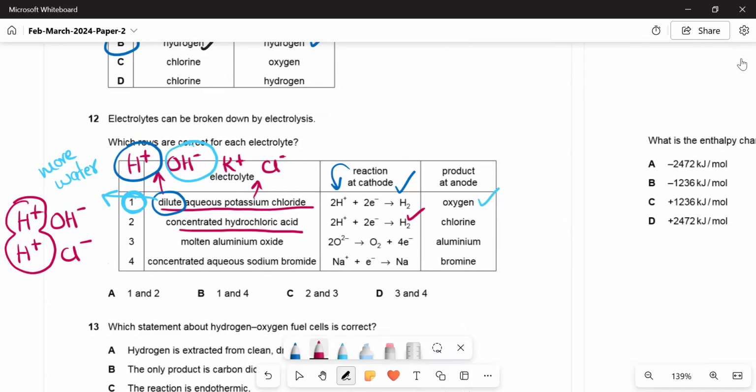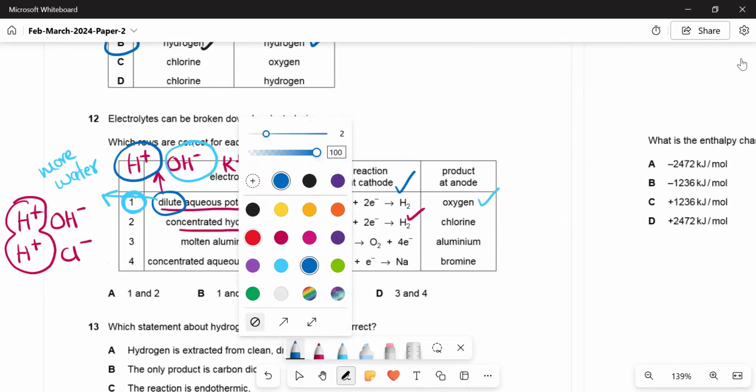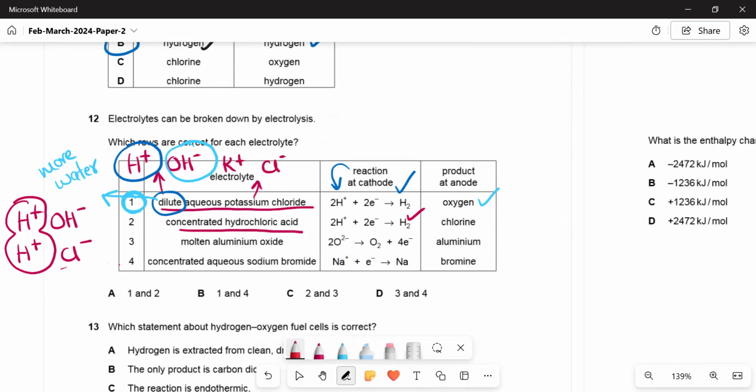And as it's a concentrated solution, the Cl- will discharge at the anode and we get chlorine, because in concentrated solution there is more solute, so more hydrochloric acid will be present, not more water. So chlorine will discharge at the anode. So 2 is also correct. So option A, 1 and 2, will be correct.